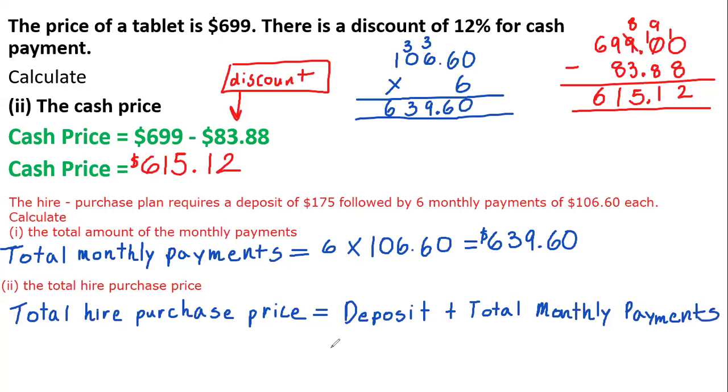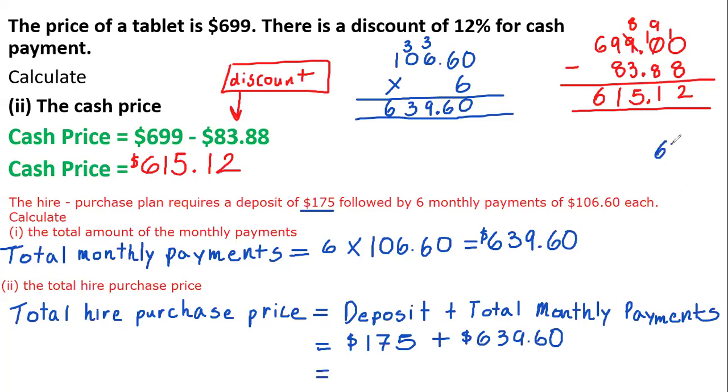So it's going to be equal to the deposit, which is 175, plus the total monthly payments, 639 and 60 cents. It's gonna be equal to $814.60.